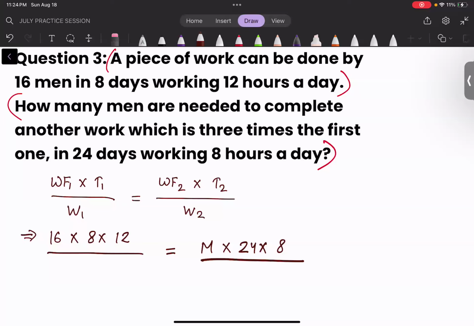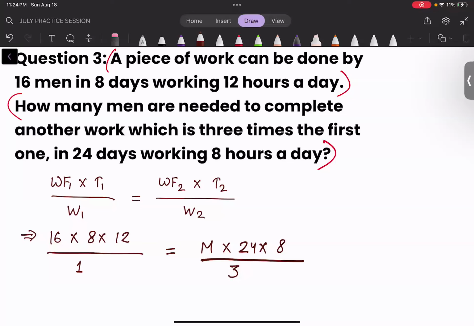I've told you this, we cannot represent work by a number because usually it does not make sense. But still, I'm saying if W1 is equal to 1, W2 equals what? Representing work by a number does not make sense, but still, I'm doing it. So 3 times, that means 3.